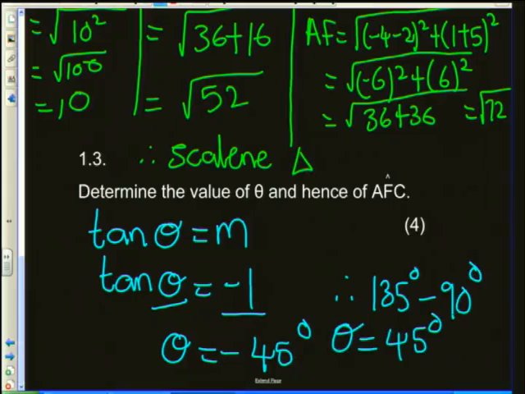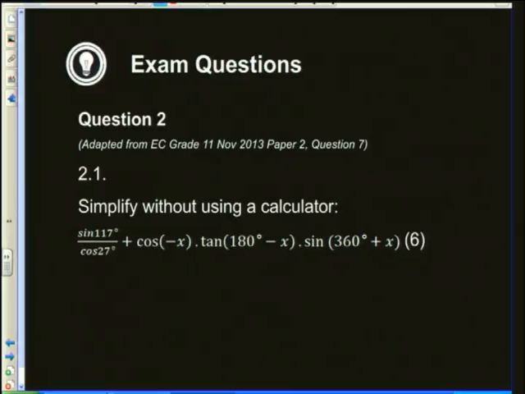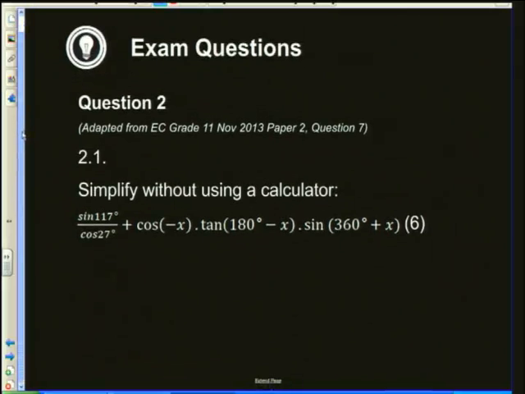Let's move right along to the next question. We come across question 2 here, and it looks like an identity, a huge chunk again of trigonometry. They say simplify without using a calculator, so your answer will probably not have decimals.